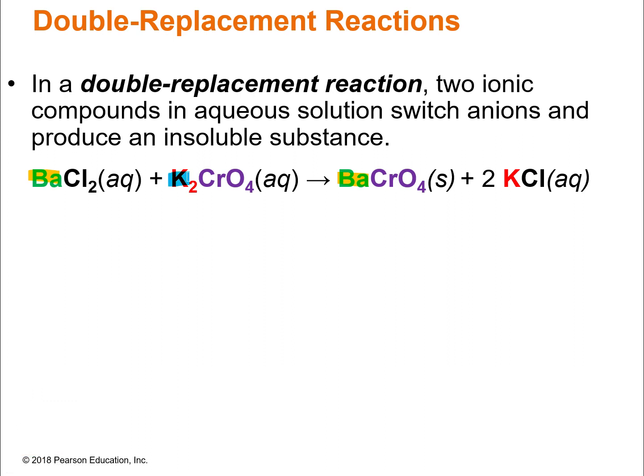The potassium switches partners too. Instead of being with the chromate, it's with the chloride. You must make something that's insoluble. So it could be a precipitate, or maybe it's a gas.